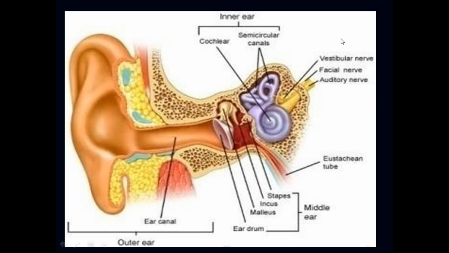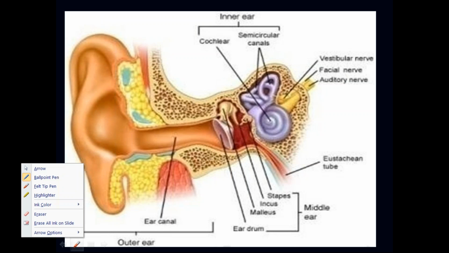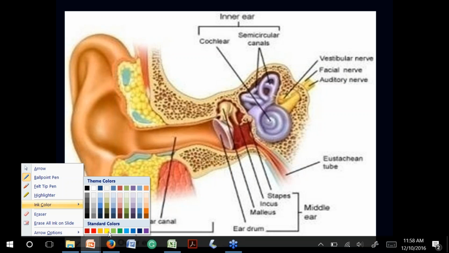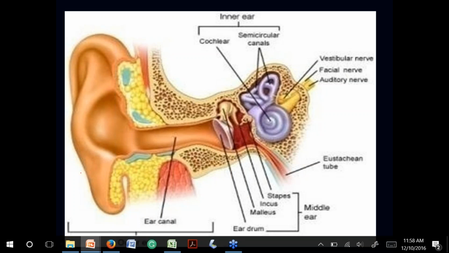I have problems with the pointer and with the marker, so I don't know how to make it thicker. Okay, here we have the pinna, double N, I guess. This is the auricle, pinna or auricle.